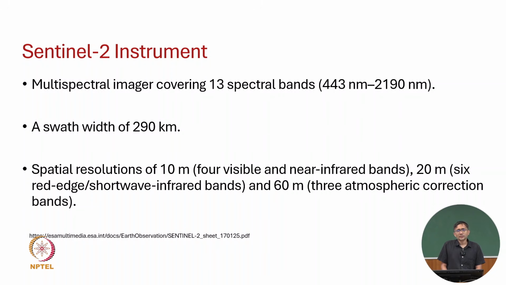One group has 10 meter per pixel, which consists of 4 bands: visible and near infrared. Then 6 bands have 20 meter per pixel resolution, and then there are 60 meter per pixel bands, which are much coarser resolution.